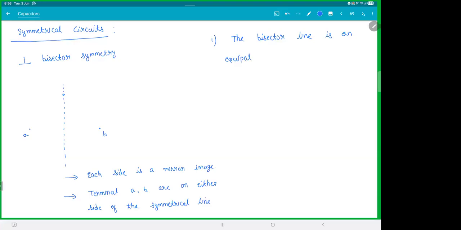Therefore, all nodes on this line will have the same potential. I'll show you examples, don't worry. We need to formalize this first. Since you have the same potential, any element connected on the bisector can be removed.